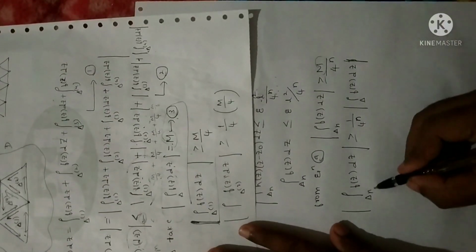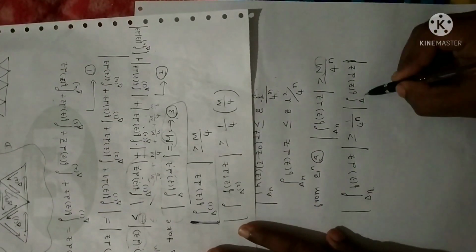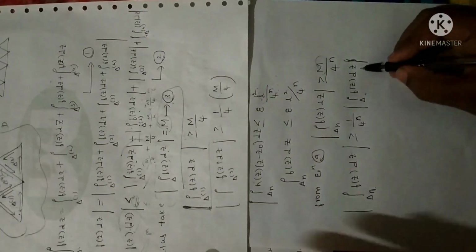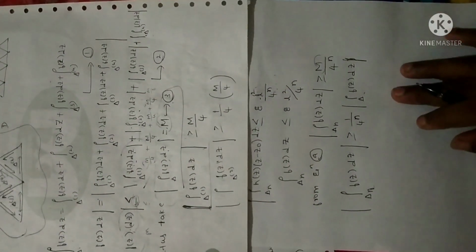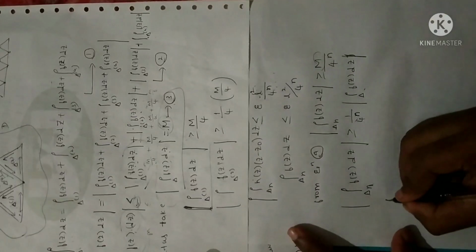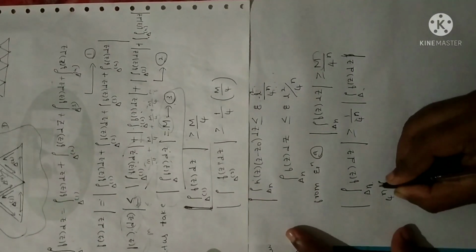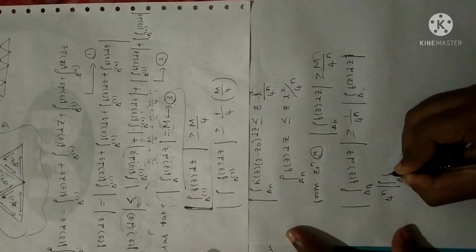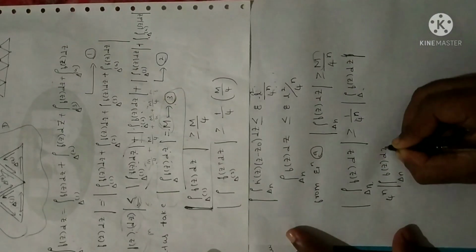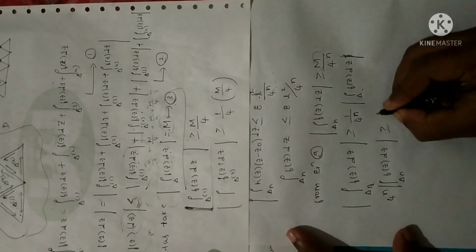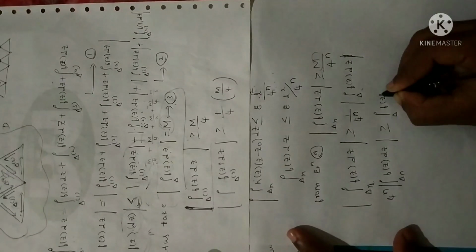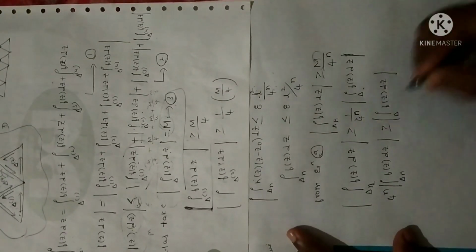You can note that this is for the generalized case, delta n; this is for the single, that is delta, f of z into dz. Fine. Now I'll just do cross multiplication. So you will get 4 power of n into the magnitude of the integral over delta n of f of z dz will be greater than or equal to the integral over delta of f of z dz.